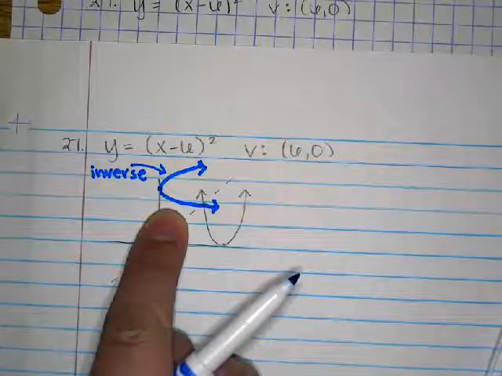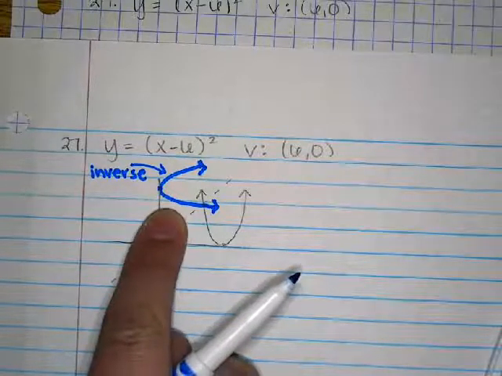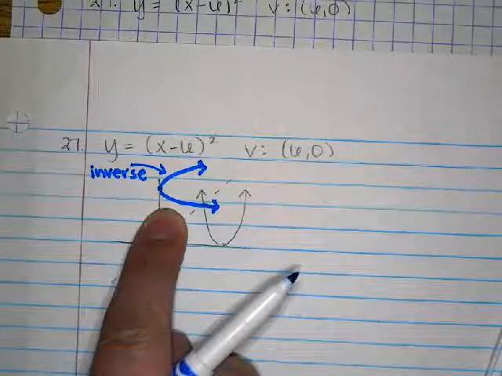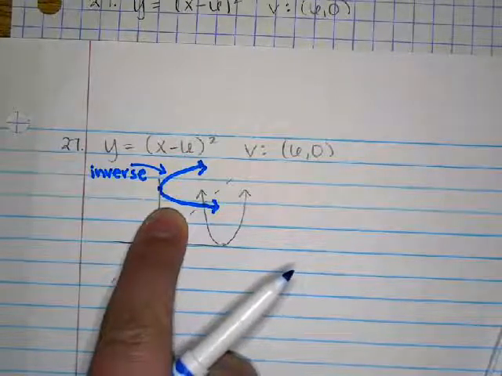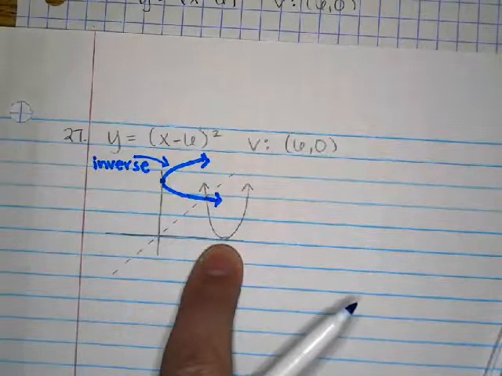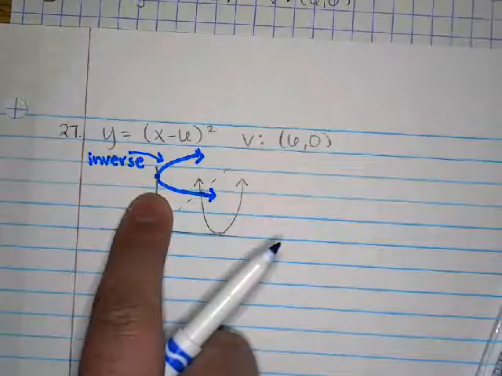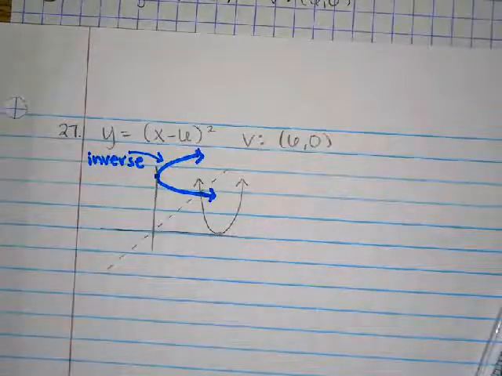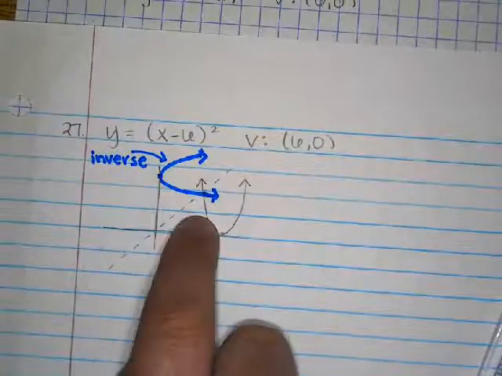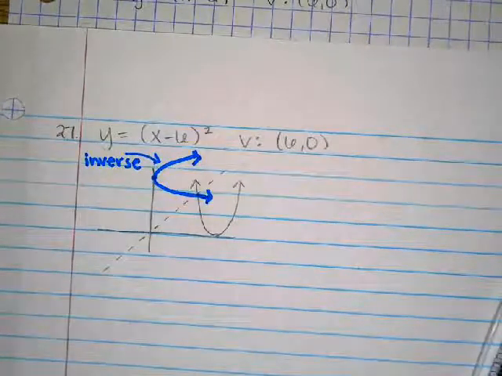No, it's not. It doesn't pass the vertical line test. So to make that an inverse function, it's going to be a square root graph, right? Because the original was an x squared graph, so it's going to be the square root of x. For it to be an inverse function, I can only use the top half or the bottom half. I don't get to use the whole thing, okay?